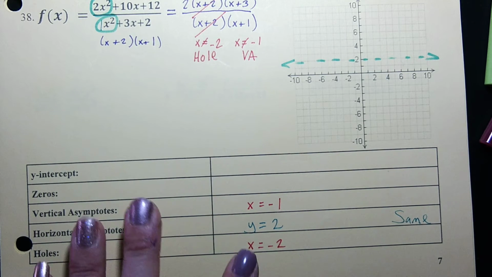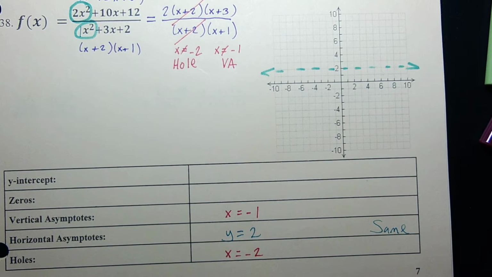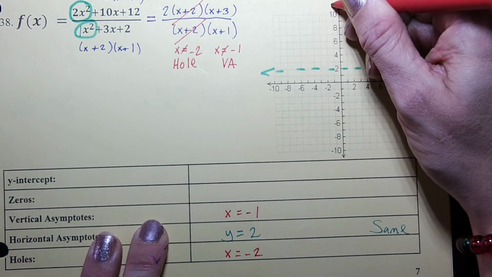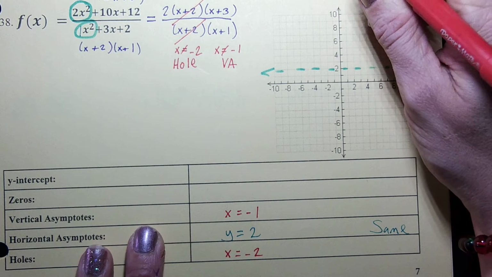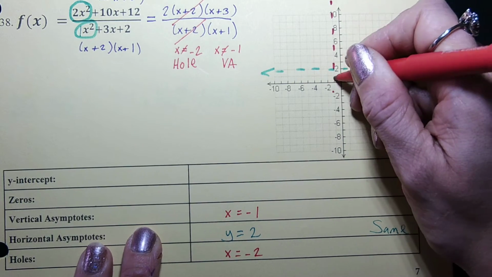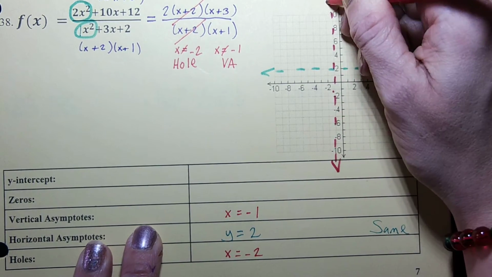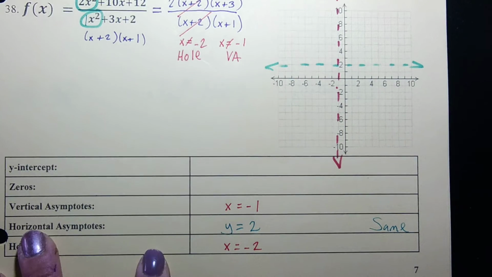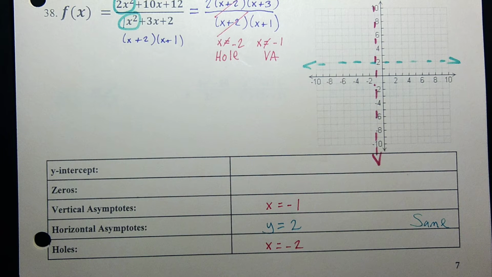Now, the vertical asymptote we can definitely graph, but the hole we're going to have to wait until we see our calculator sketch. See if you can find the y-intercept and the zeros. Remember, the y-intercept is a little bit easier with standard form.